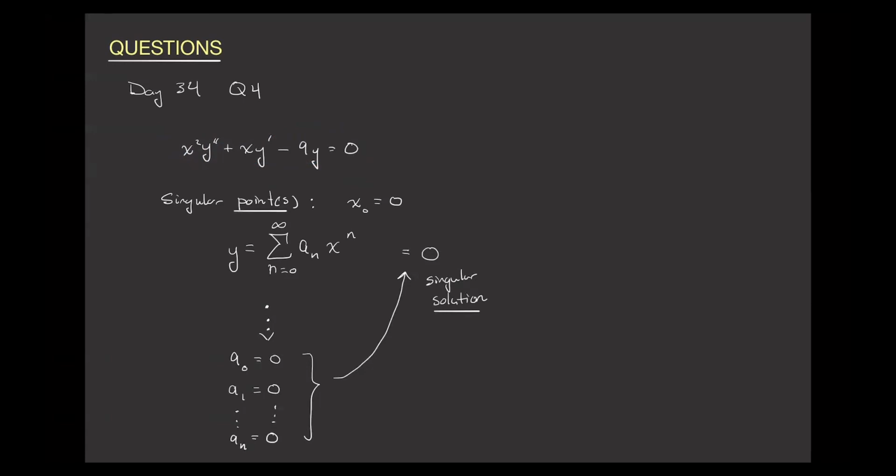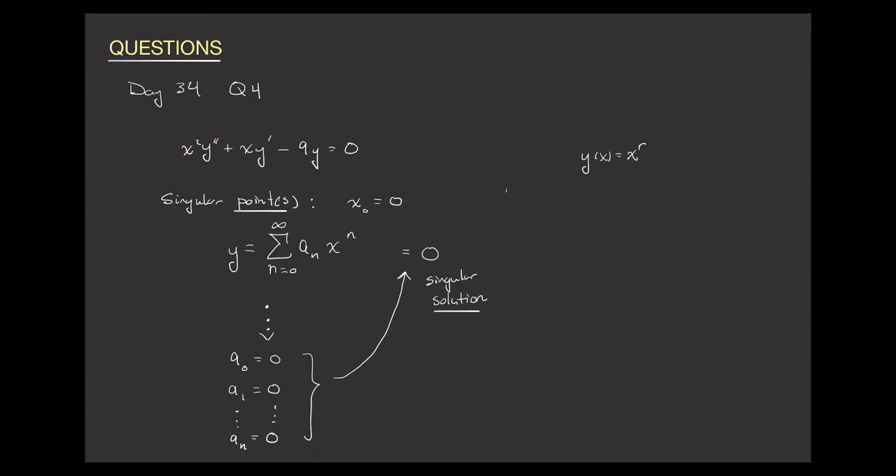But now what we'd like to do is get something that's different than just the trivial solution, something more, because that's not very useful. And what's suggested is that there's another solution of this form, which is y of x is equal to x to the r. And you're asked to try to determine what r is.